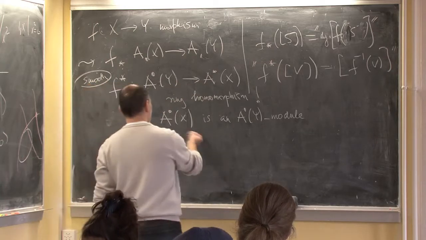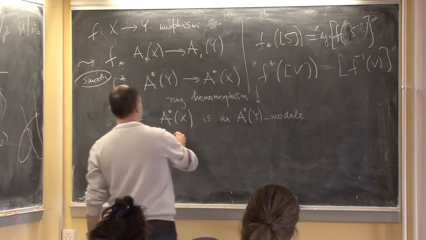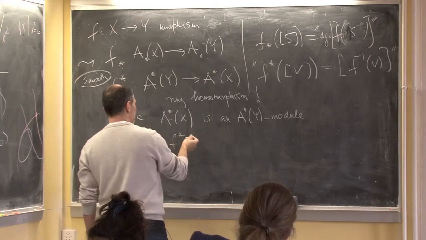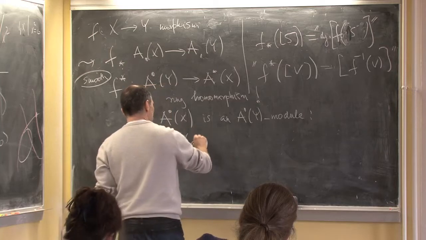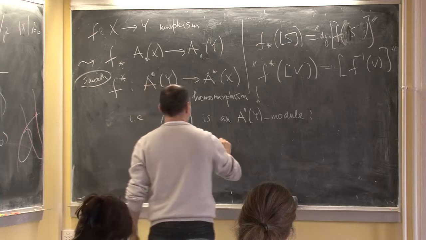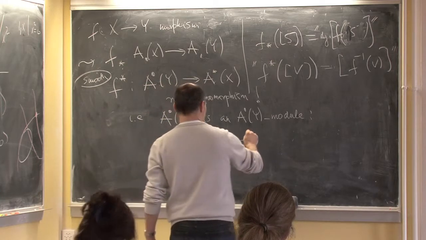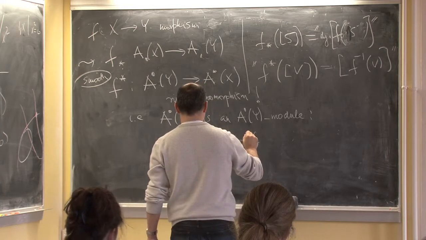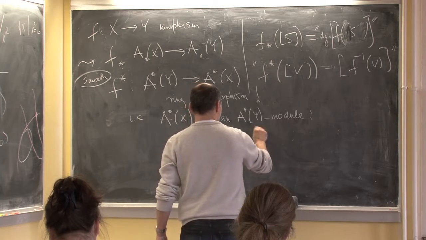What I mean is that A(X) is a ring, this is a ring, and you can think of a ring homomorphism as just saying that f star of (A B) multiplied by some C is equal to, for example, this.